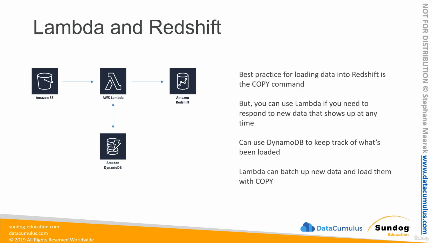So again, because Lambda is stateless in and of itself, if you have persistent state that you need to maintain, such as where did I leave off on importing this data, you're going to have to tie into something like DynamoDB to keep track of that. So the idea here is DynamoDB would keep track of the files that have already been loaded, when it was loaded, and to which table. And that data would be used to batch up new files and copy them together using the copy command into Redshift.